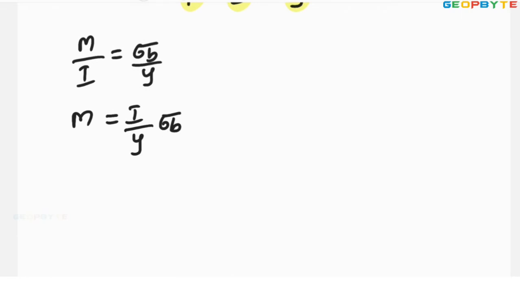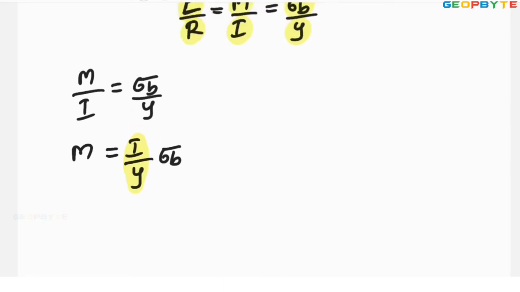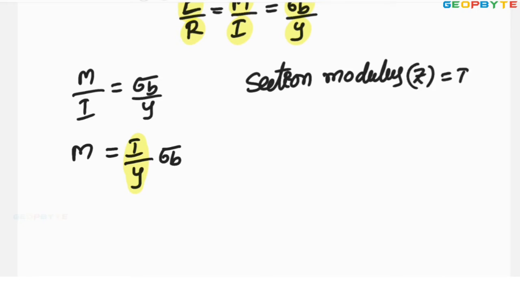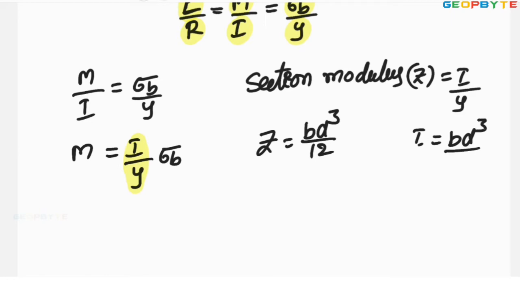Generally, the term I by Y is taken as section modulus denoted by Z. So, section modulus Z equal to I by Y. The I equal to BD cube by 12 for a rectangular section, and Y equal to D by 2.